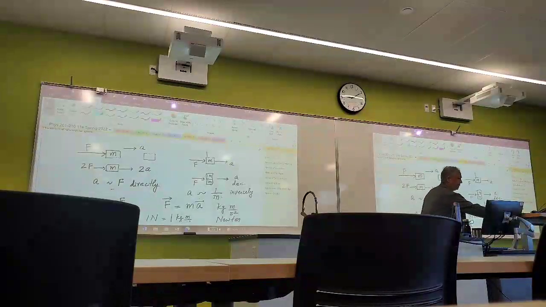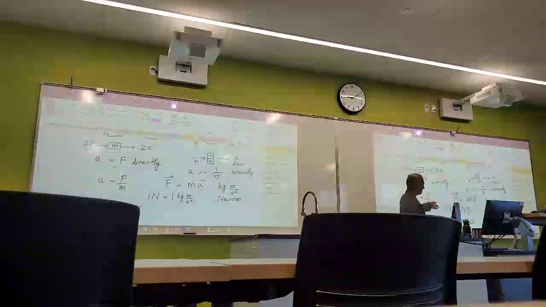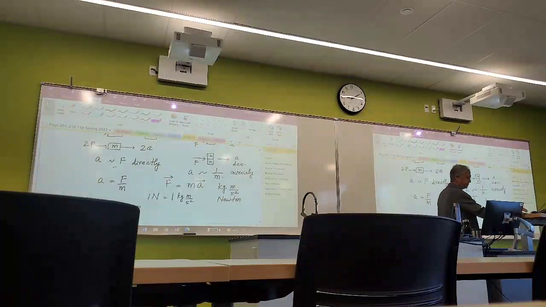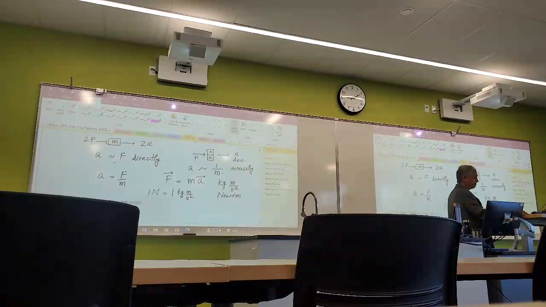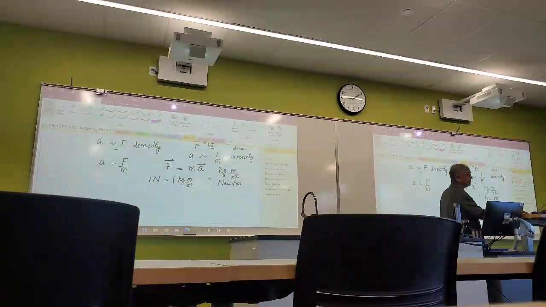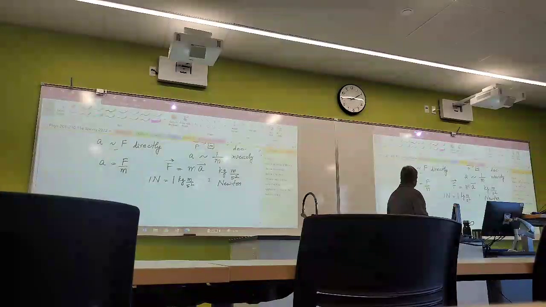So then we combined these and we said acceleration is the ratio of force to mass. And then since force is a vector quantity, in terms of vectors, we wrote F equal to ma. Both force and acceleration are vector quantities, whereas mass is a scalar quantity.